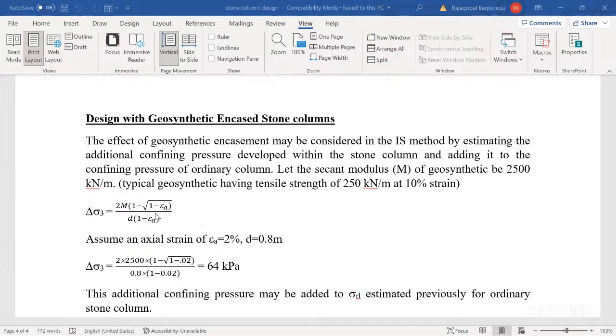This was derived in the lecture. If you assume that the axial strain of the column is limited to 2% and our diameter is 0.8 meters, then for these conditions, our increase in the confining pressure because of the geosynthetic is 64 kPa.